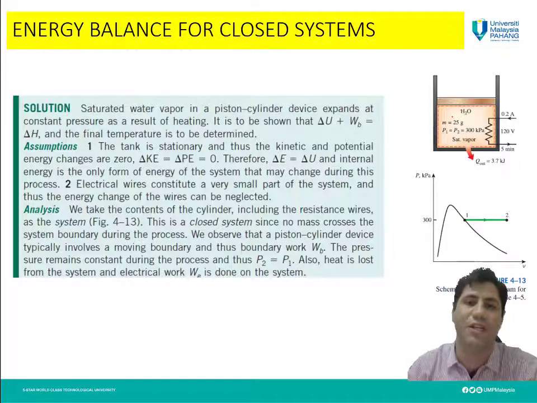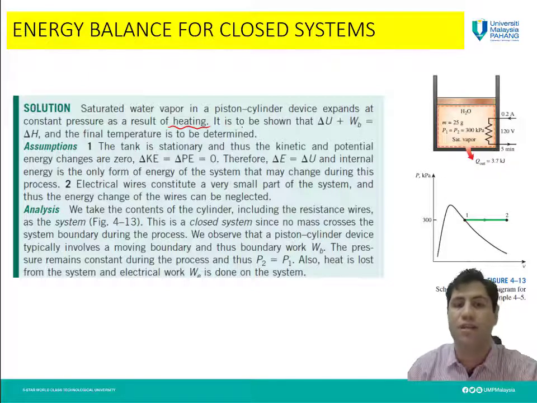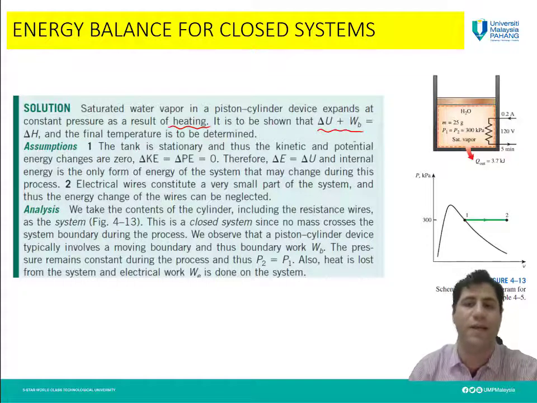But here, pressure is constant. It means we have expansion for our system, which is due to the heating. It is to be shown that we have delta U plus Wb equal to delta H according to part A of the question. And also we need to find the temperature of the steam here.